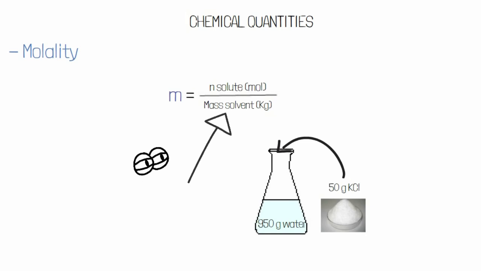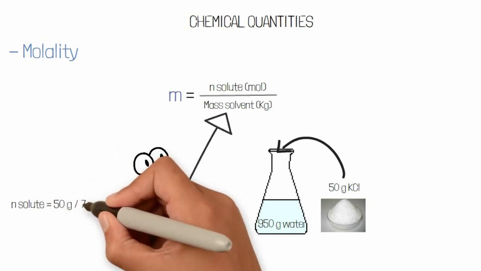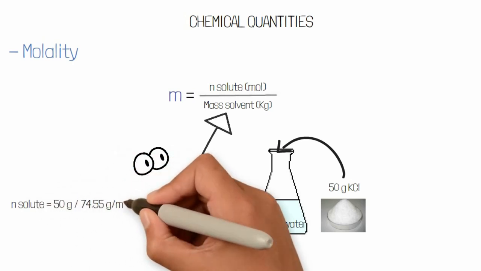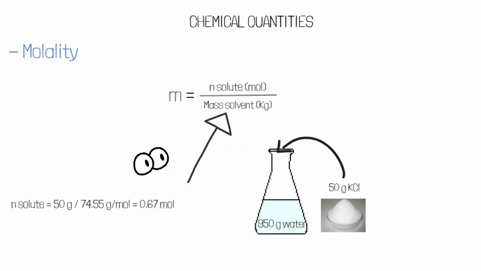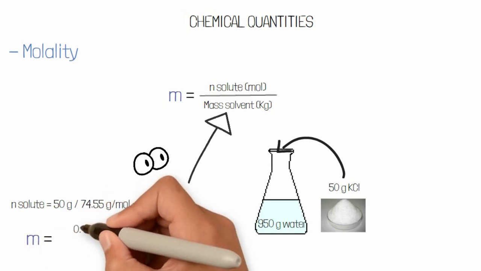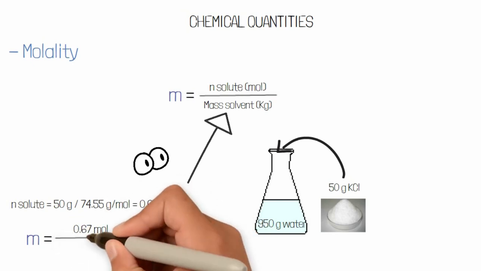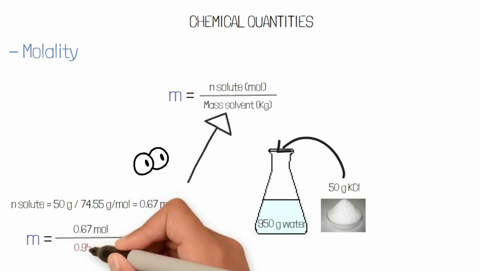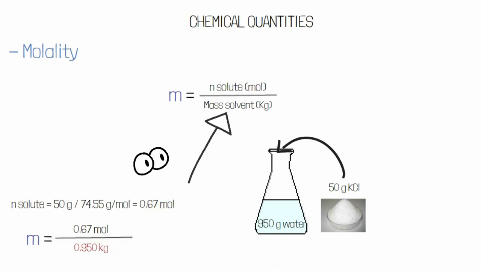So actually the mole of solute will be 50 grams divided by 74.55, which equals 0.67 mole. Now we have everything to calculate the molality. So molality is 0.67 mole divided by the mass of solvent, which is 0.950 kilograms.